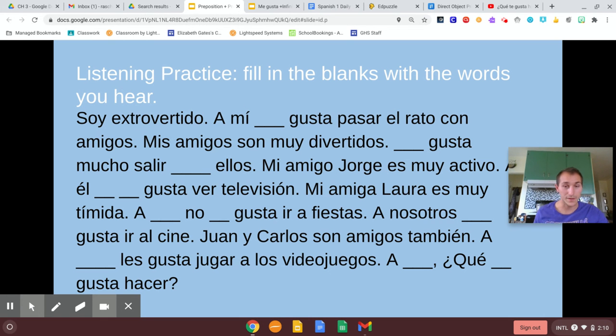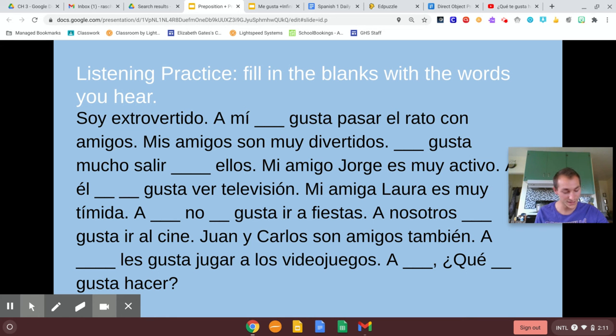Soy extrovertida. All right, so this is coming from a woman's perspective because it ends with a, extrovertida. Soy extrovertida. A mí me gusta pasar el rato con amigos. Mis amigos son muy divertidos. Me gusta mucho salir con ellos. Mi amigo Jorge es muy activo.